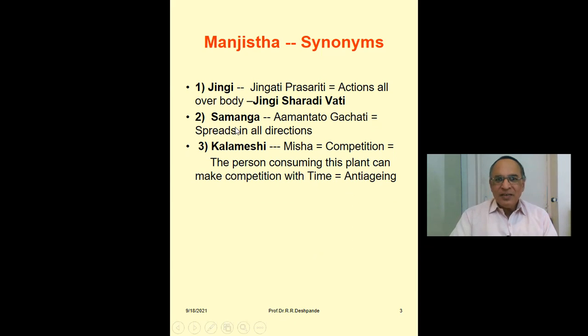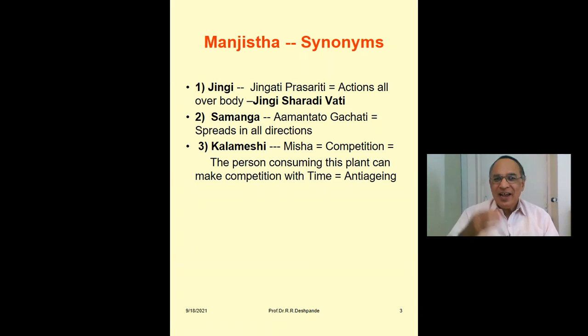Then Samanga, which spreads in all directions. This Manjistha creeper plant spreads in all directions. Kalmeshi: mesha means competition. The person consuming this plant can compete with time and conquer it.